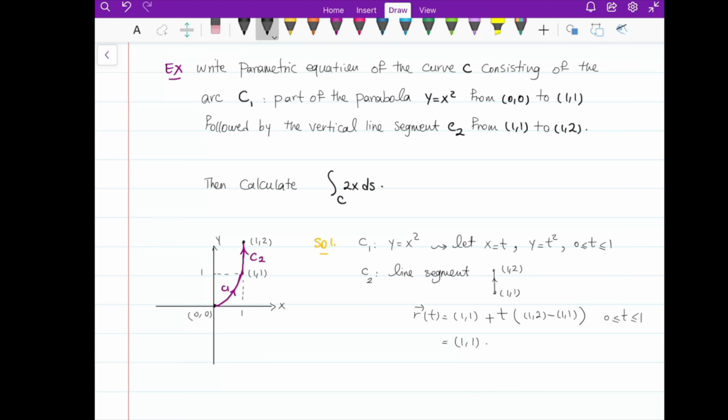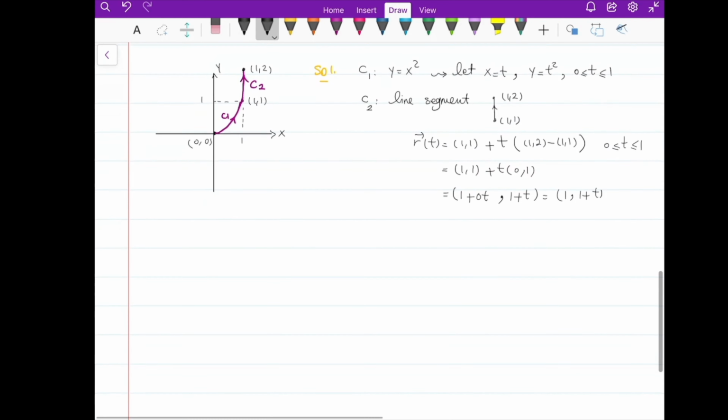I get 1, 1 plus t times (1 minus 1 is 0, and 2 minus 1 is 1). So I get 1 plus 0t and 1 plus 1t. So x of t is 1, and y of t is 1 plus t, where t is between 0 and 1.